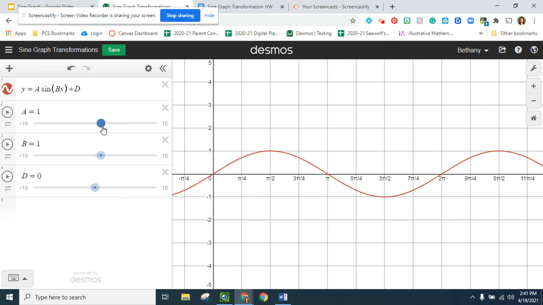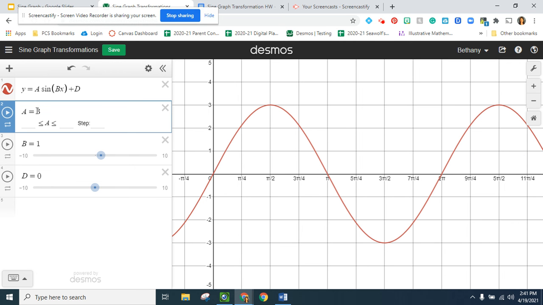if I increase that number, I'm taking the sine value, whatever it may be, and I'm multiplying it. If you think about what happened in all the other functions, if I had a coefficient, that was a vertical stretch, a vertical compression, or potentially a reflection. So let's see what happens. Let's make our A value 3.